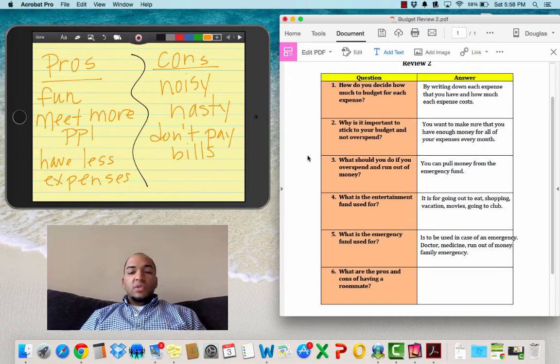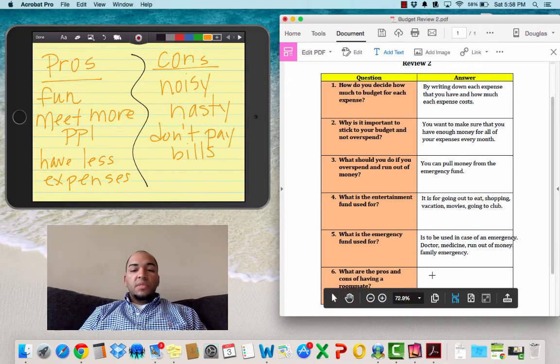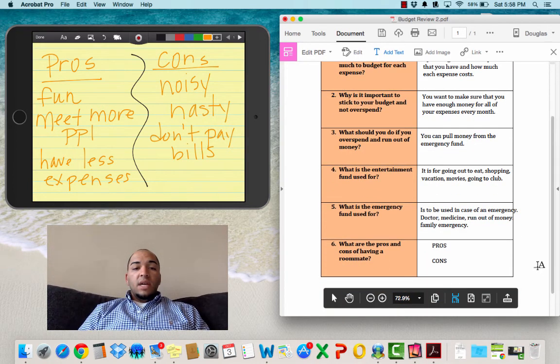So what I want you to do is come up with some more pros and cons. I want you to write your paper like this, pros, and then I want you to have cons, okay? So you can copy some of the ones that I copied, but I want you to list 6 pros and 6 cons, okay? So make sure you list 6 of each, all right?